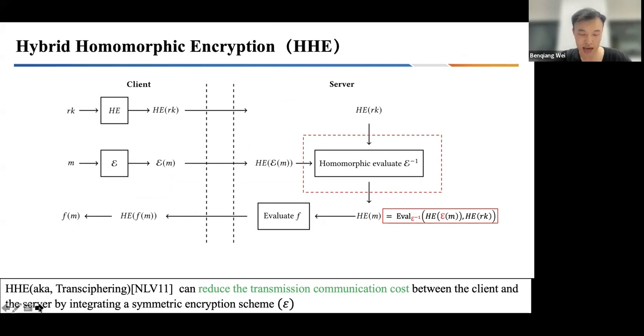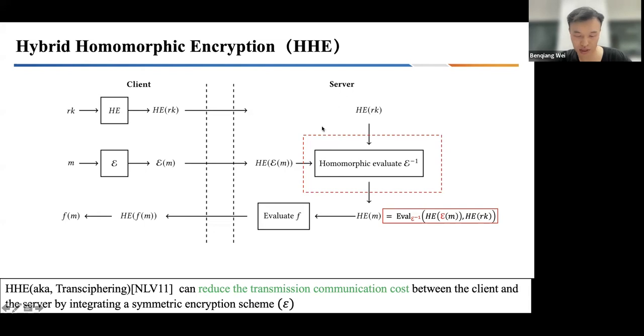Specifically, in HHE frameworks, instead of directly encrypting the data with FHE, the client can encrypt the data using a symmetric encryption scheme such as AES rather than an FHE scheme, and then send the symmetric ciphertext to the server.